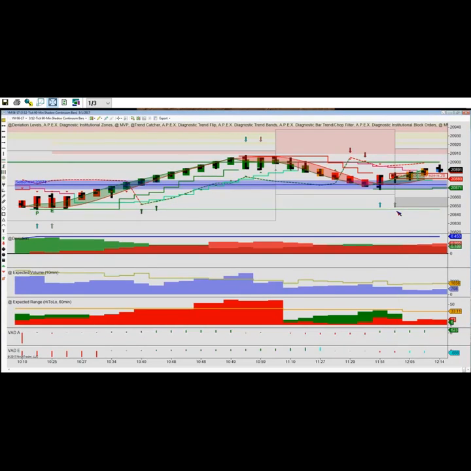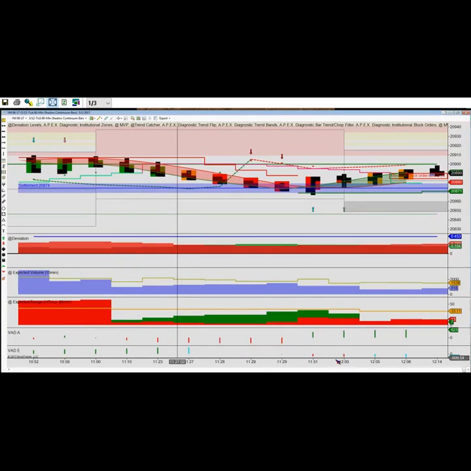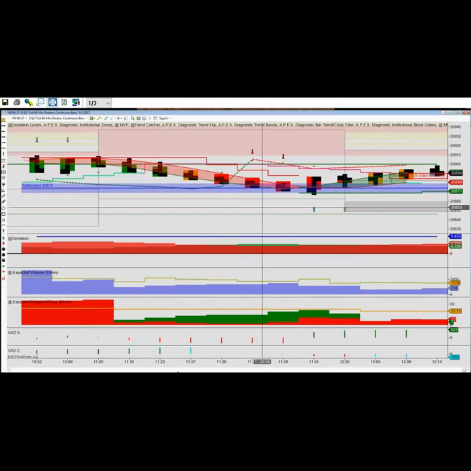I don't see enough telling me to hop in a trade. I don't have an iZone. Well, I guess I do have an iZone. There's one right there. It didn't fully come down to the iZone.